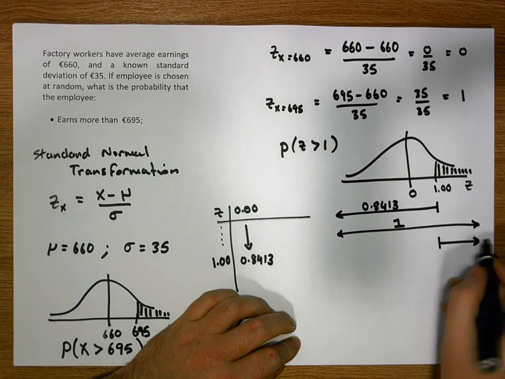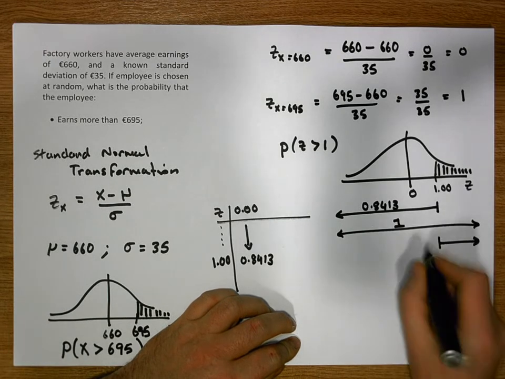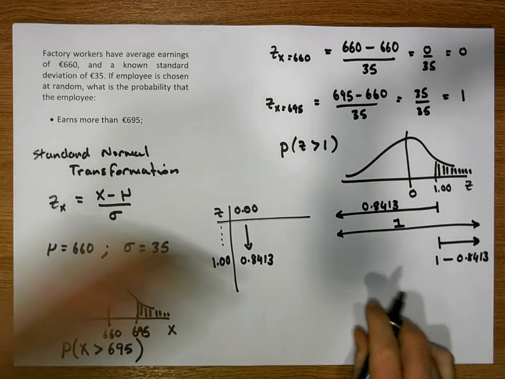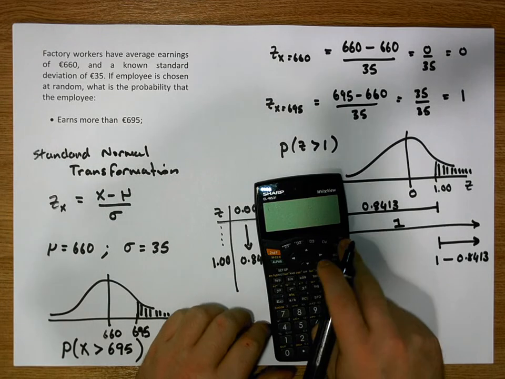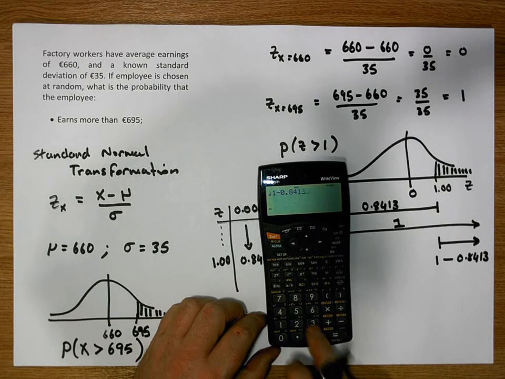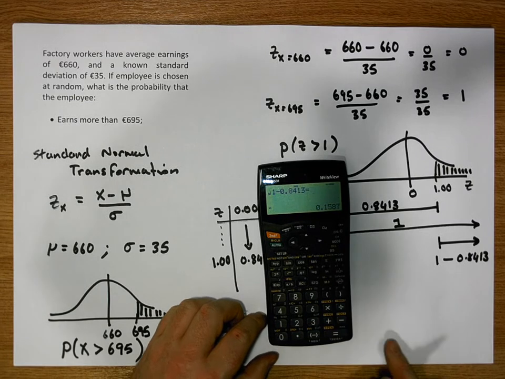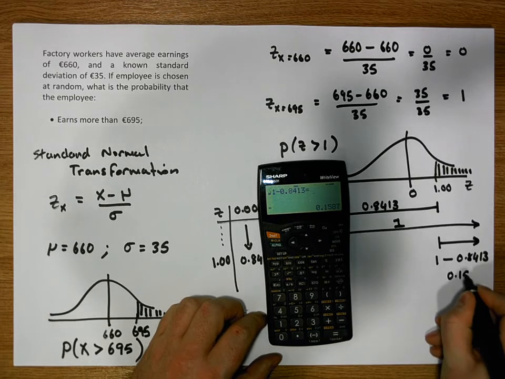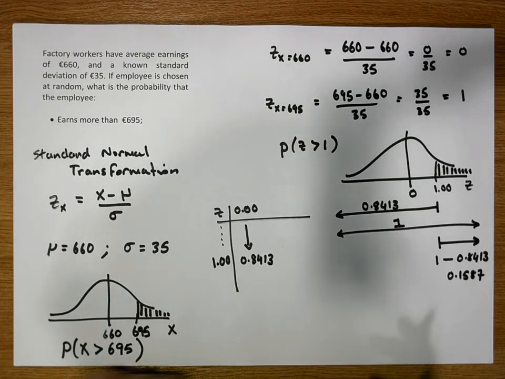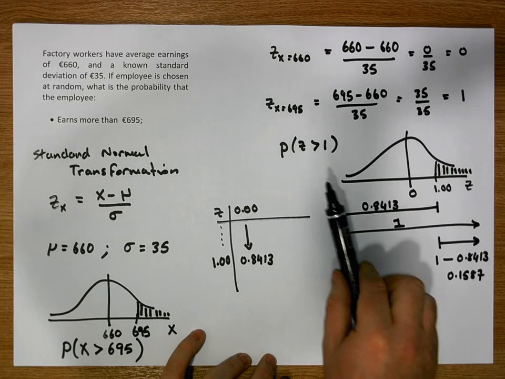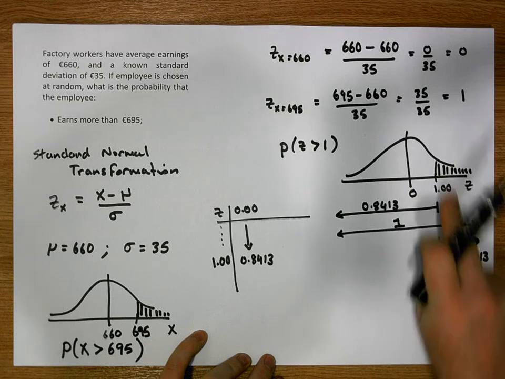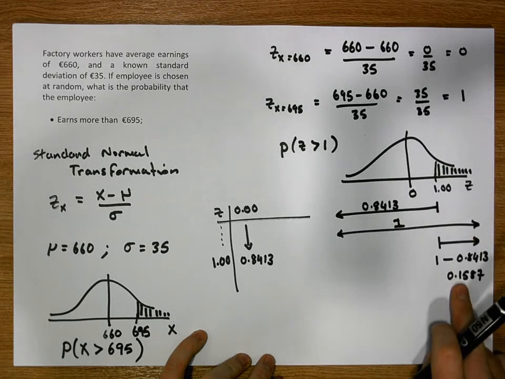So we have the longer line, which is 1, minus the shorter line, which is 0.8413, which on our calculator gives us a value of 0.1587. And actually, we had a rhyme for this before: anytime you want to calculate an area in a tail, you always have to take away from 1. So the area in this right-hand tail is 0.1587.